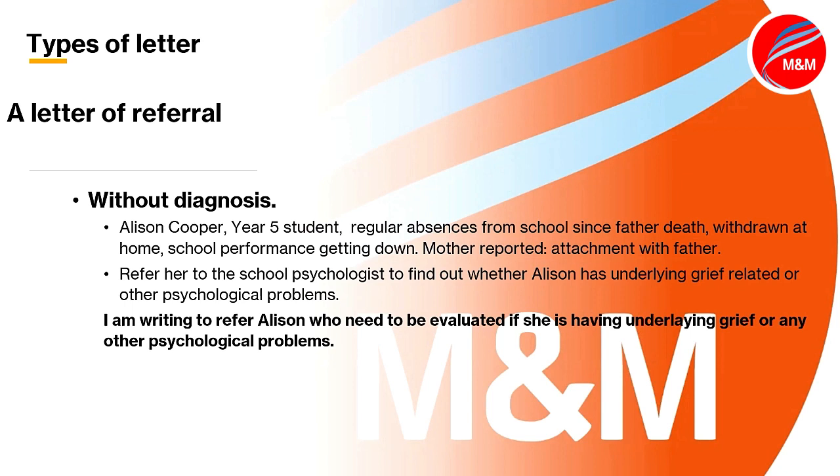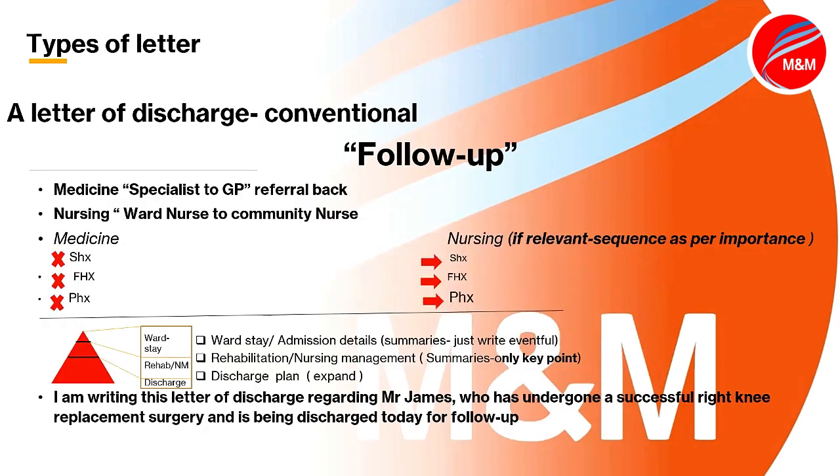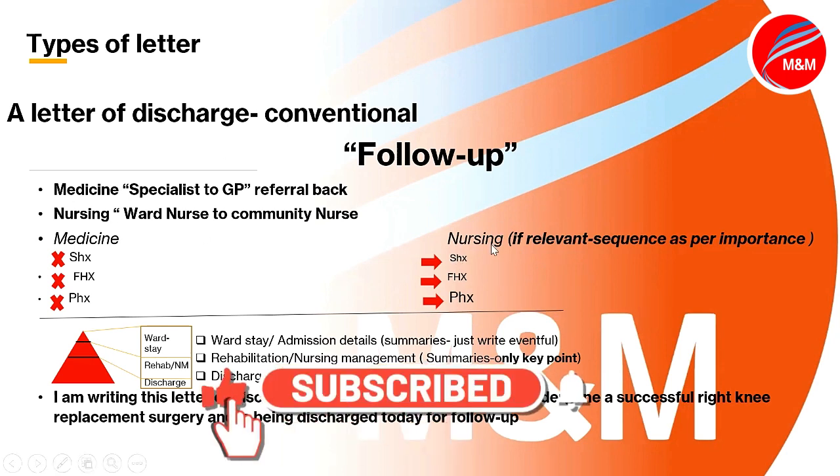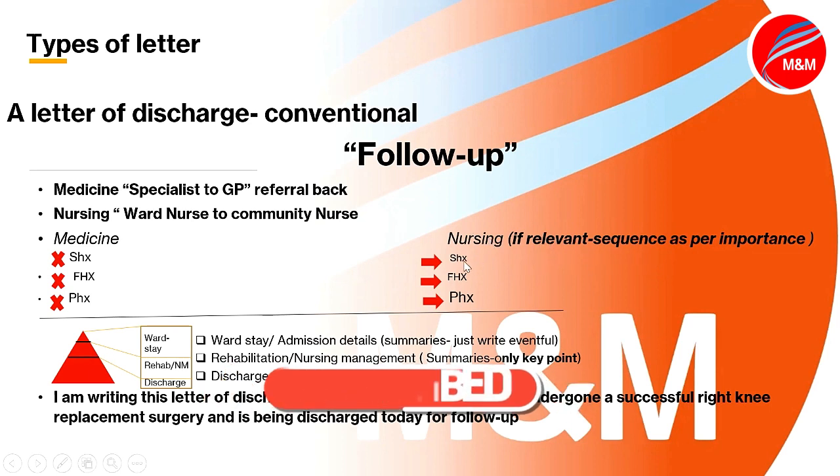Okay. So then we have the next category, that is a letter of discharge. In a conventional letter of discharge, whether it's medicine or nursing, but we are discussing nursing over here, if relevant or as per sequence, we can write down the social plus past medical history.